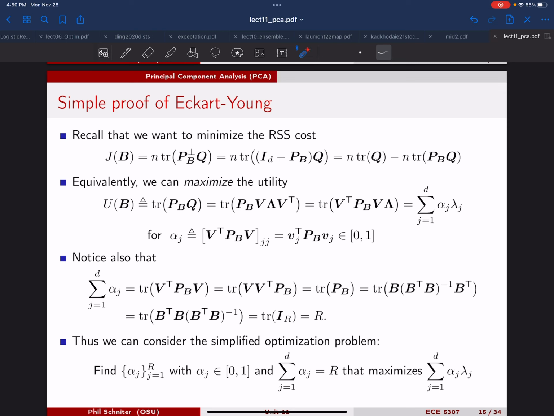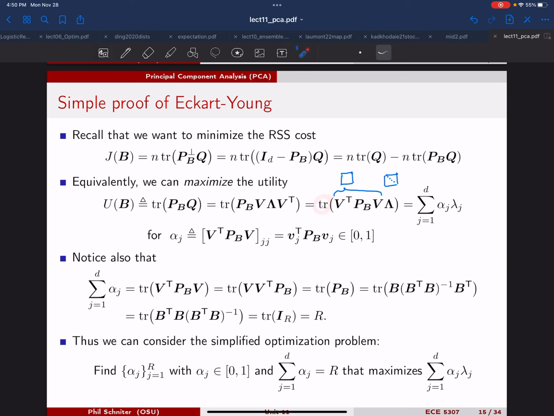Something we want to maximize. Define this as the trace of PB times Q. So now we can plug in our eigenvalue decomposition like this. We can exploit the trace property to bring V transpose to the front. And now when you look at this closely, you can see that you have a product of a matrix that's in general not a diagonal matrix times a diagonal matrix. But what you're doing eventually is you're taking the trace.